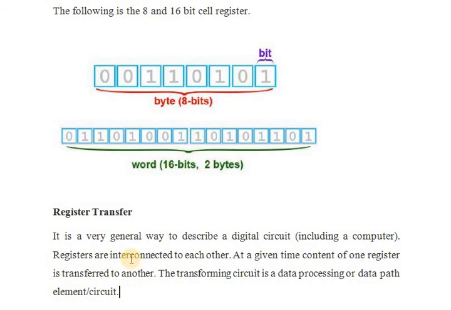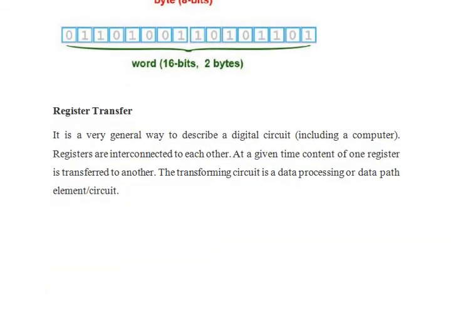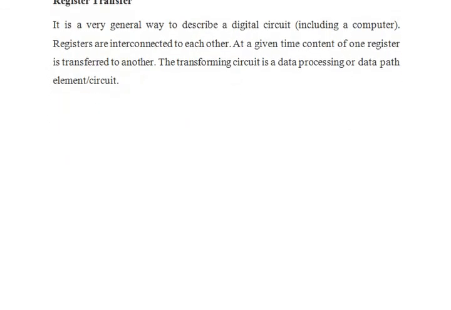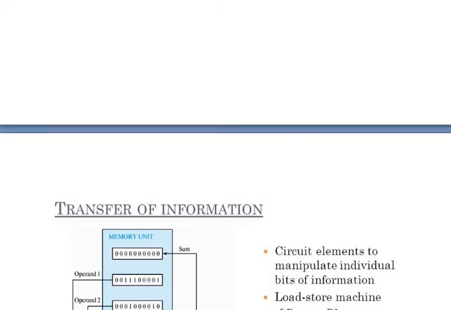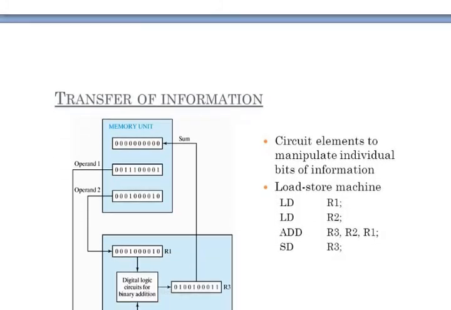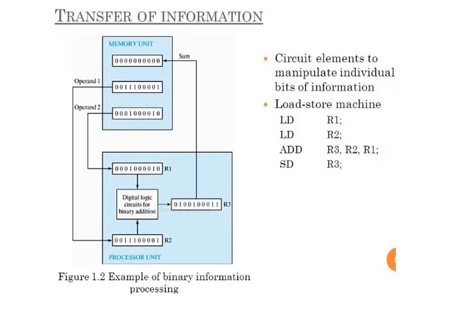Here we will see the memory unit. The diagram will make it very easy to understand. This is how the transfer of information happens, which you call register transfer.